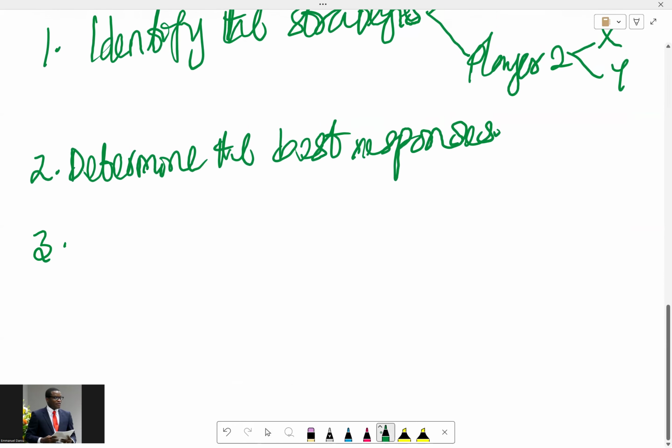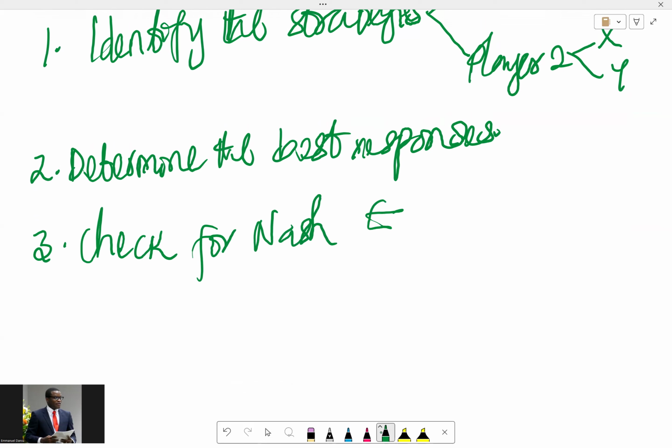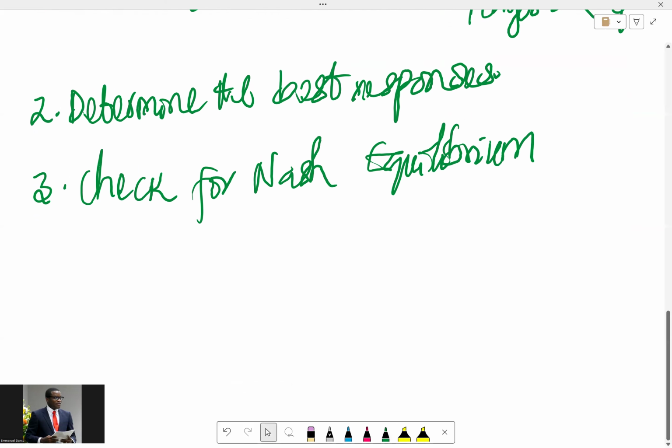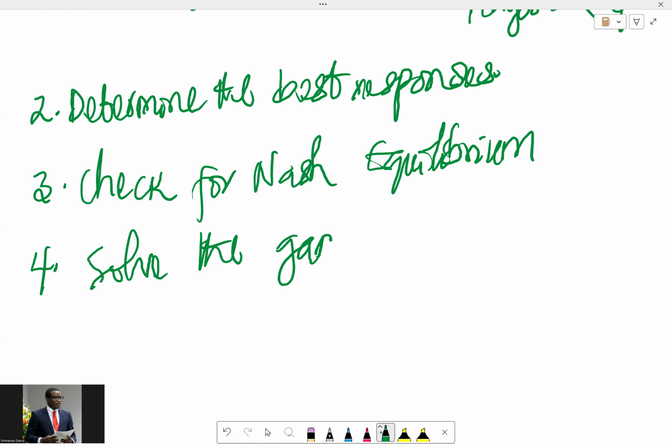Then three, we have to check for Nash equilibrium. Then four, you solve the game.